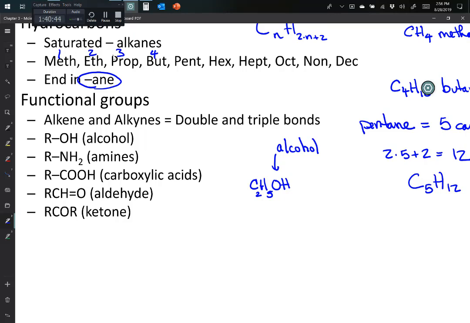Oh, by the way, even though we haven't covered it in the prerequisite coursework, you should know what a double bond and a triple bond is. So there are alkenes and alkynes. I'm not going to spend much time on it, and I don't care that you haven't known yet, but later I'll expect you to know. Alkenes and alkynes are just double and triple bonds. Oh, by the way, this is 2 carbons, right? So 2 carbons, what's the prefix? Eth, right? So it becomes ethanol.